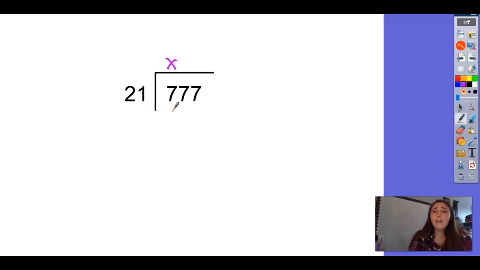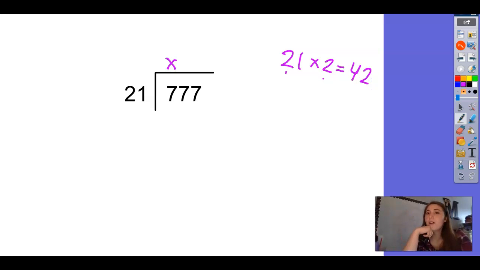If I look, 21 times 1, I know is 21. 21 times 2: I know that 20 times 2 is 40, and 1 times 2 is 2, so 42 is 21 times 2. But I think I can do more. So I'm going to try 21 times 3.